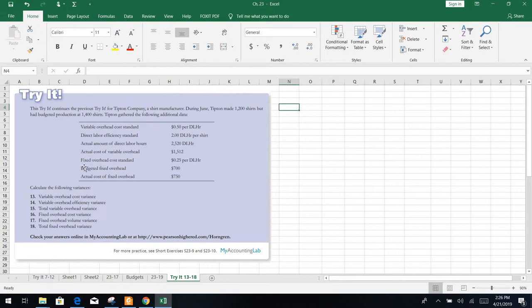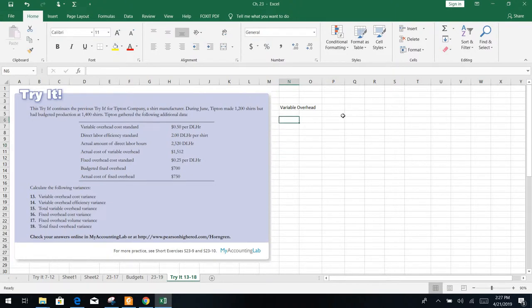This says fixed overhead, fixed overhead, fixed overhead. I would mark an X with my pencil next to these three values to remind myself that right now I'm only looking at variable overhead. So I'm just going to write variable overhead there, and try to imagine that those three have little X's by them, because we're probably not going to need those for these first three questions.